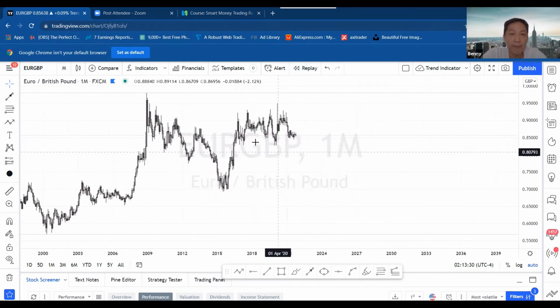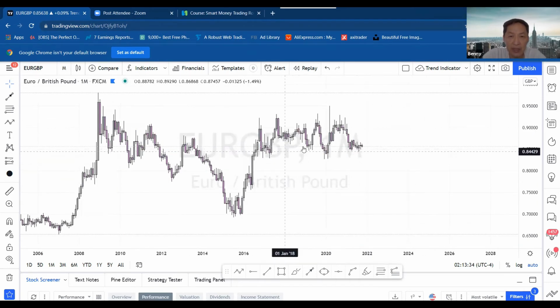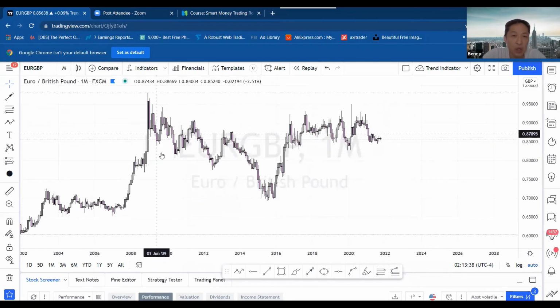Now we go down, we can go to this area here. Now we examine what the market is doing. Well, in the lower time frame than monthly, we can see the price making a lower high, lower high, lower low, lower high, lower low. So clearly, this part is in a bearish market.